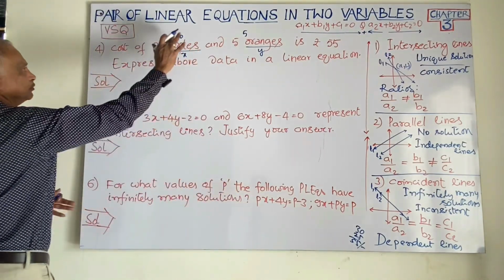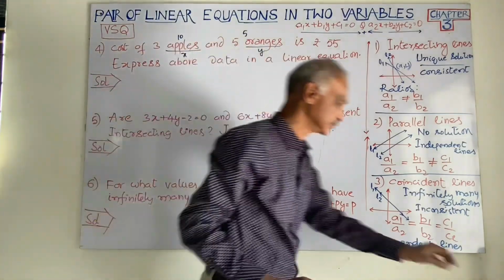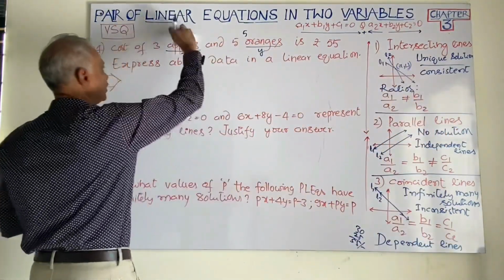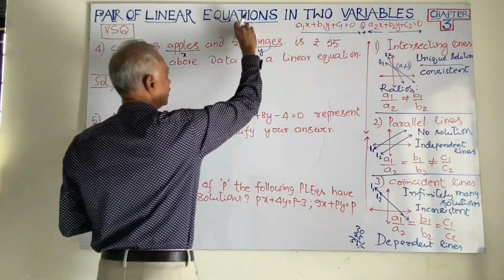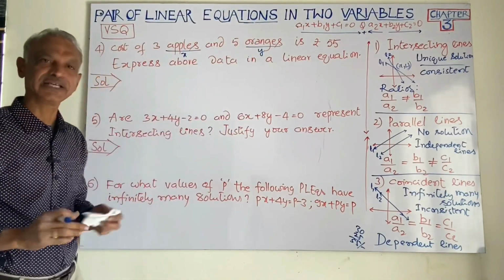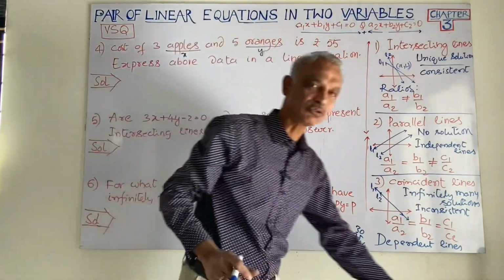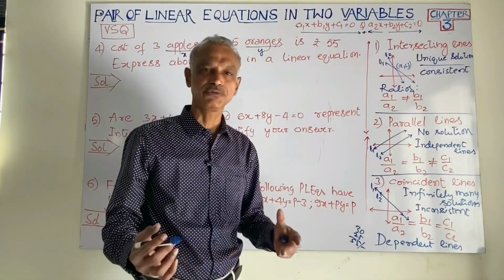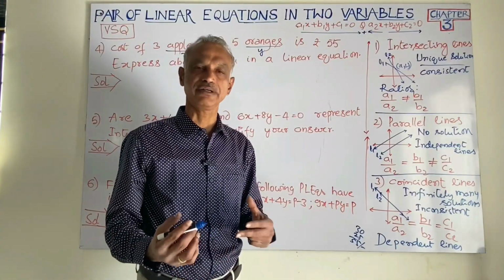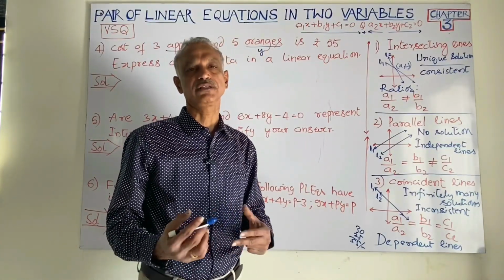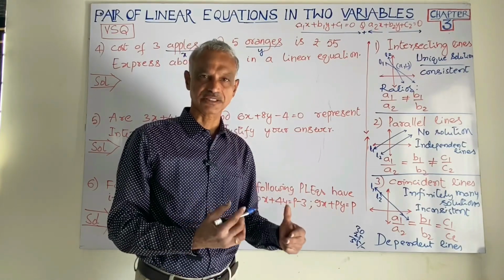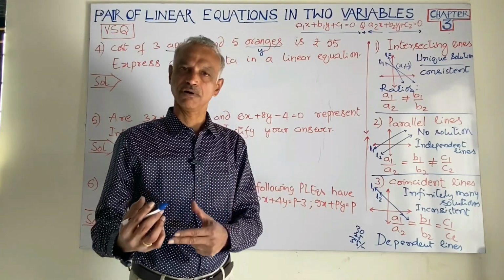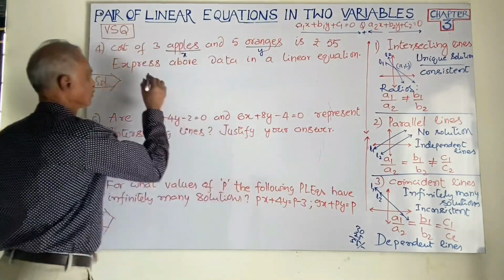Now what do I have to do? We don't know 10 and 5. Then we have to write linear equations in 2 variables. Actually we don't know the value of apple and orange. Let us take the value of apple as x and the value of orange as y.